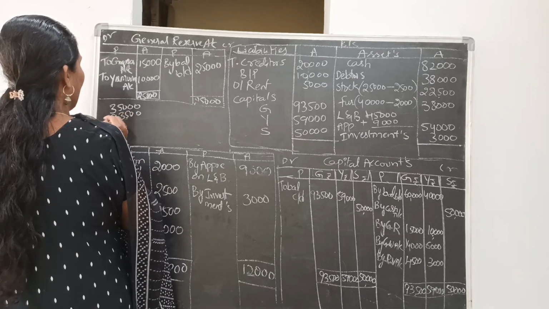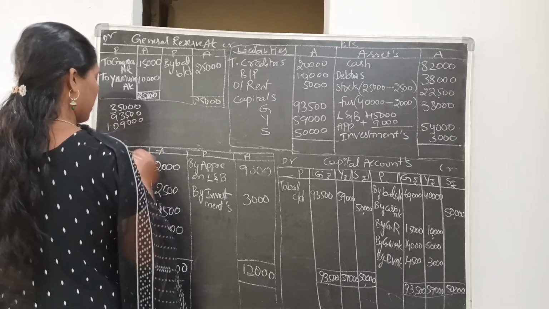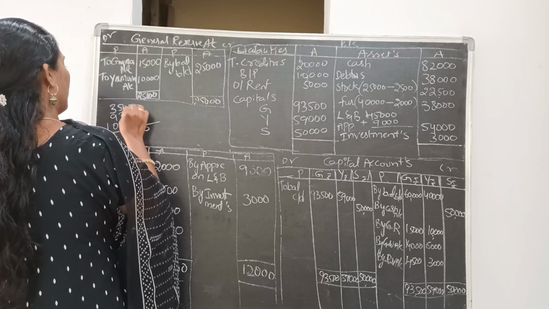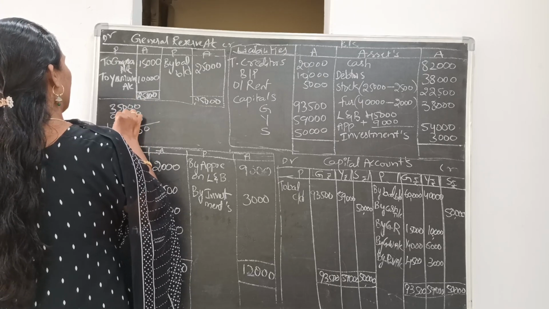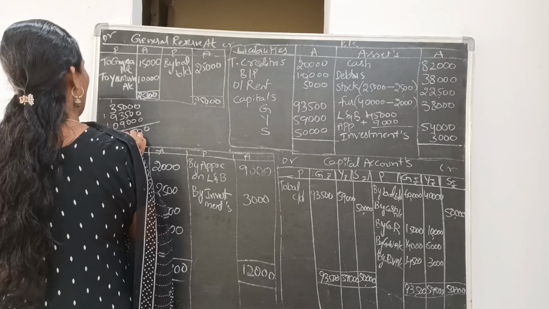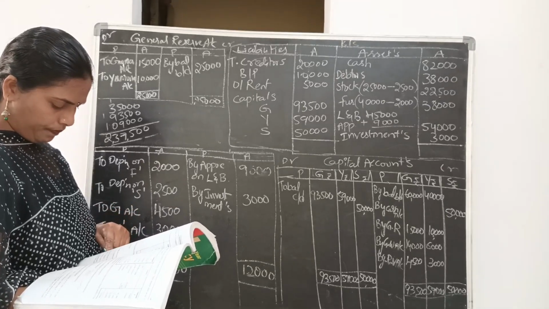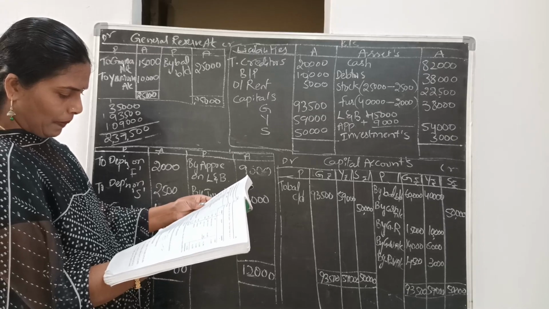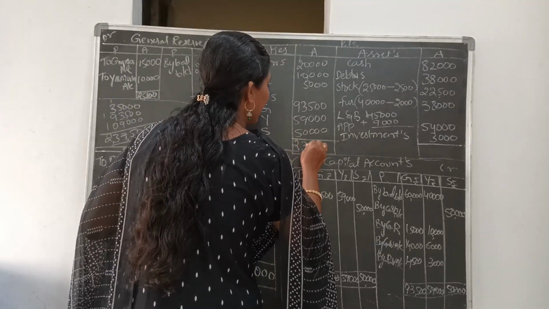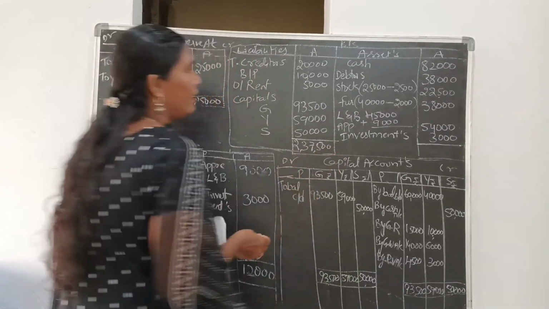Now make the total. 2,37,500 is the liability side total.